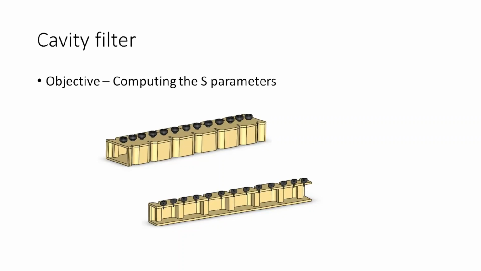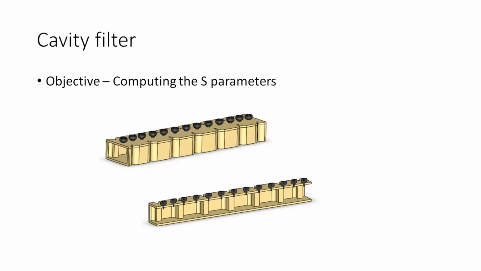The height of the screws can be adjusted, and the characteristics of the filter and the S parameters are very sensitive to the position of these screws. If these screws go up and down, the behavior of the filter might completely change. So it's really important to understand various scenarios. What happens if I vary the length of the screws, how much I tighten them, and how does that affect the filter?